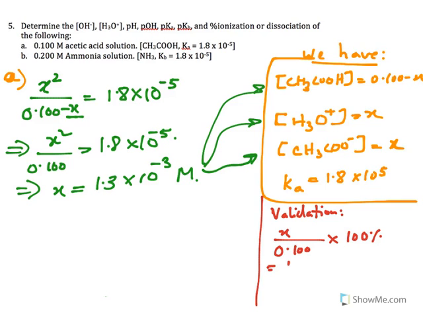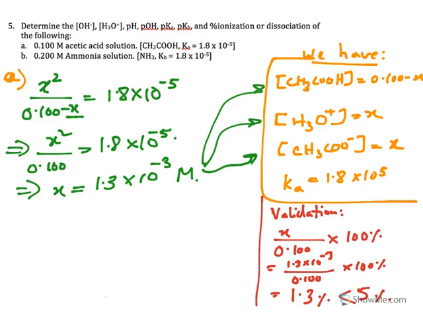So we have 1.3 times 10 to the power of -3 over 0.100 times 100%, and that is equal to 1.3%, which is less than 5%, so we are correct, we are on the right track.